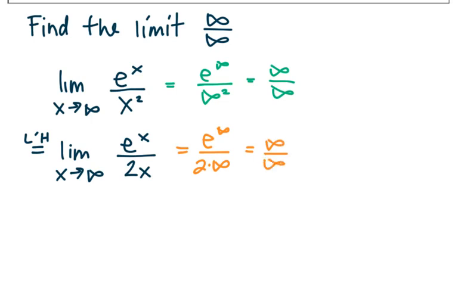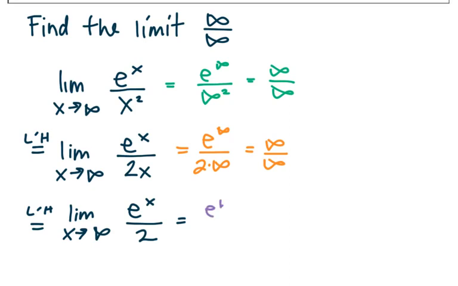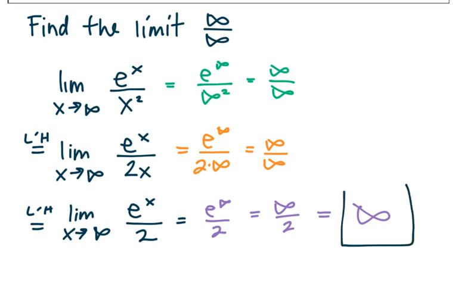So we'll apply it again. The derivative of e to the x is e to the x, and the derivative of 2x is 2. Now when I evaluate this, I've got e to the infinity over 2, which is infinity over 2, and this is something we can assign a value to, so my limit approaches positive infinity.